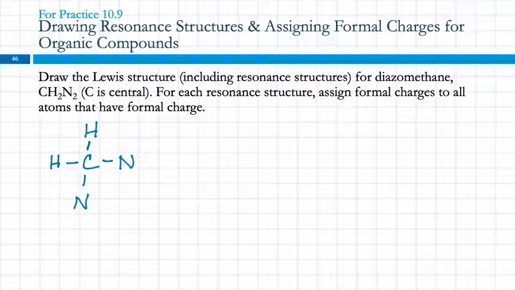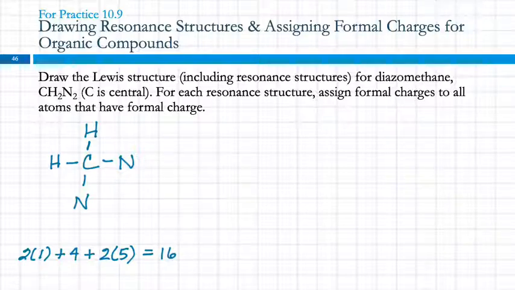Well, we have to figure out how many valence electrons. We have 2 hydrogens, they each have 1 valence electron. We have 1 carbon, 4 valence electrons, and we have 2 nitrogens, they each have 5. So that is what, 16? So I need to represent 16 valence electrons in my structure.